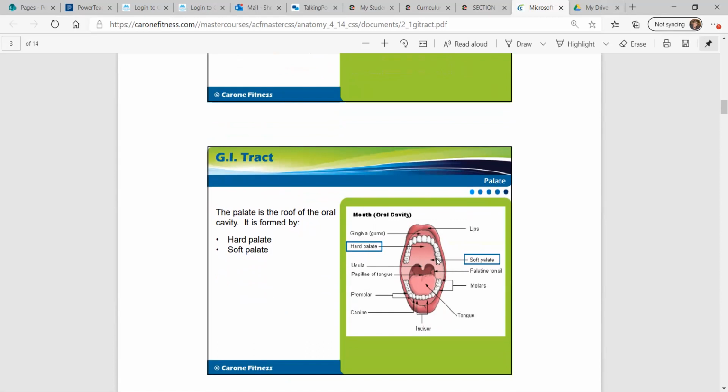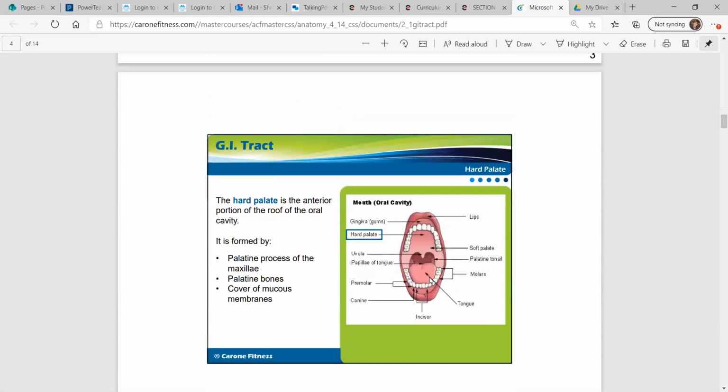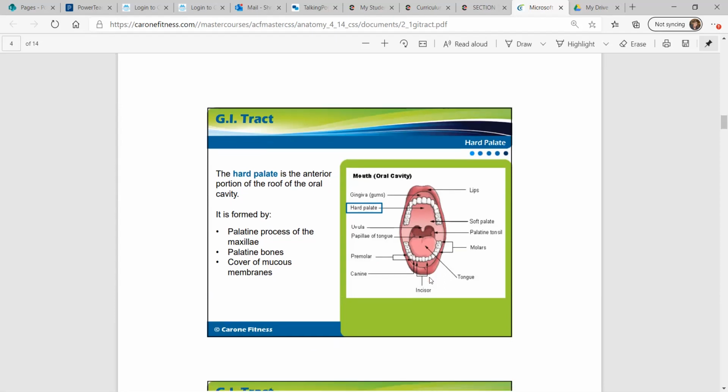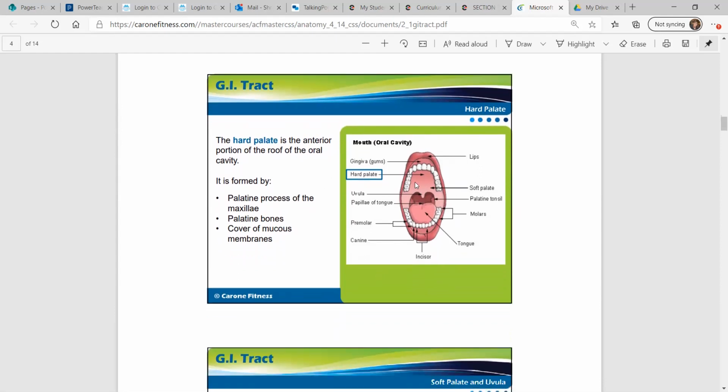And then it's a little softer in the back. The hard palate is the anterior portion of the roof of the oral cavity. It's formed by palatine process of the maxillae, palatine bones, and a cover of mucous membranes. That's all at the roof of your mouth.